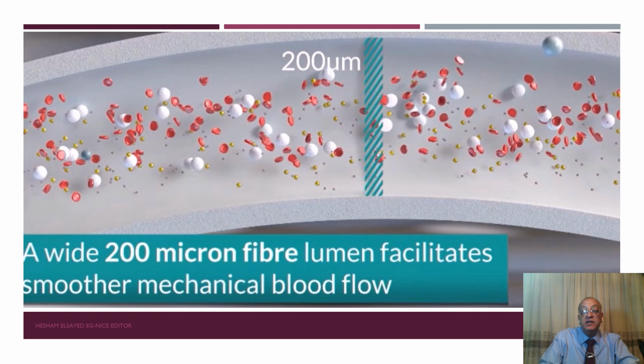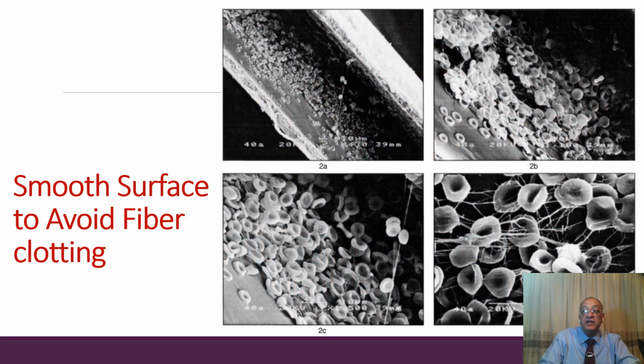And if you are using a dialyzer fiber with an inner lumen of 200 micron, you will have much better blood flow inside with less fiber clotting. And if you are using less anticoagulation or a very narrow fiber, you may have a non-smooth surface, and this will induce fiber clotting.